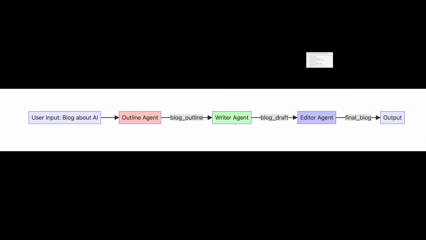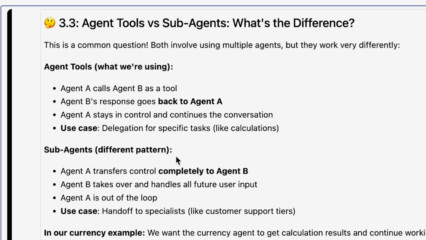The output of A is input to B, and the output of B is input to C. Here, you notice that the user has sent the prompt to agent A, but towards the end, the final answer is provided to the user by agent C. Which means agent A has lost the control, and now agent C has taken the control of the conversation.